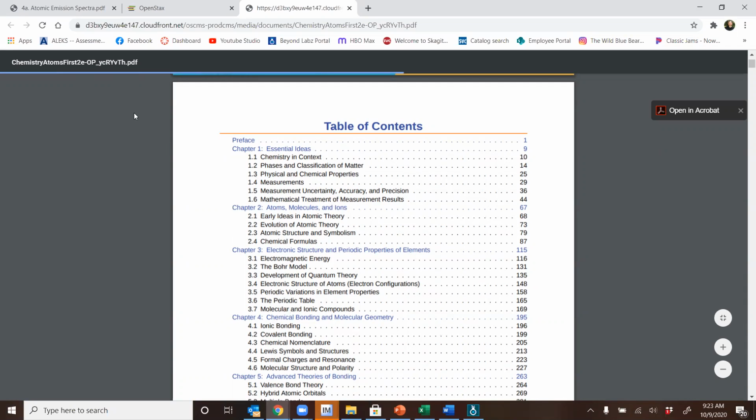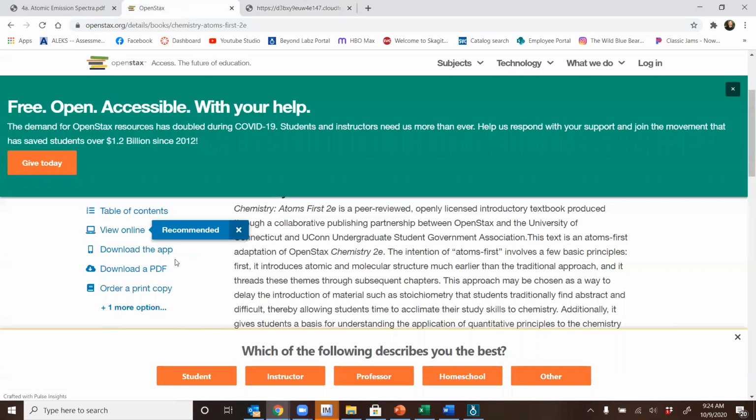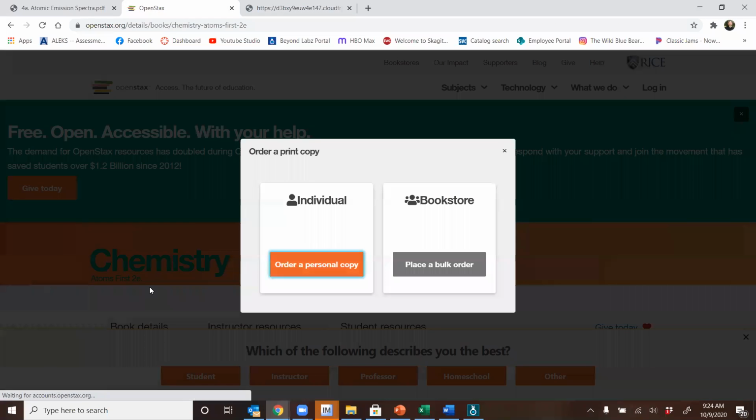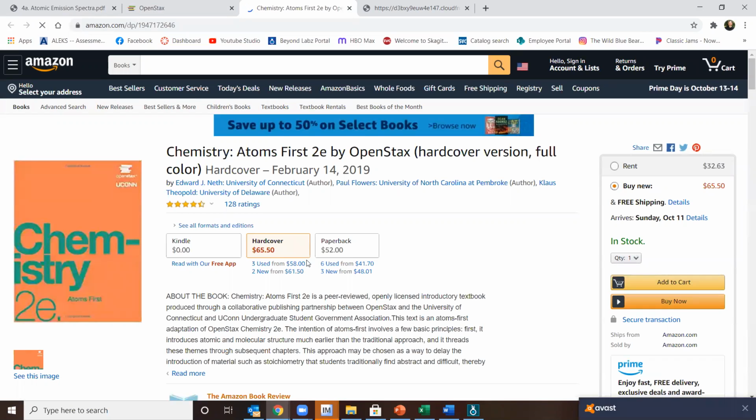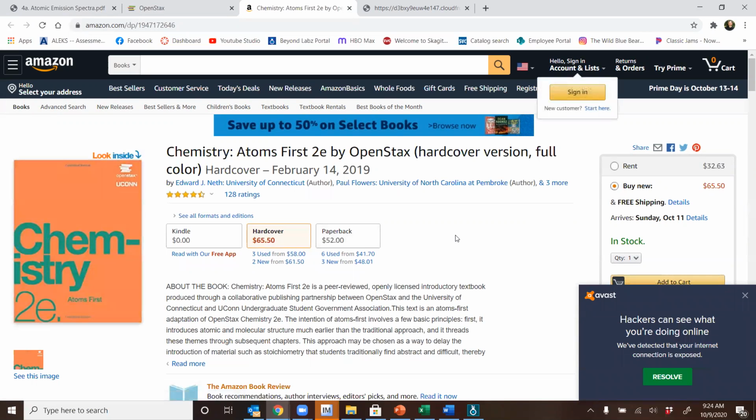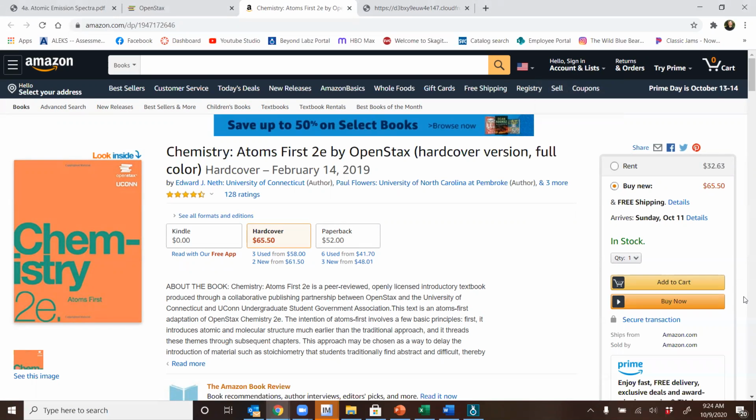And if you want a paper copy of this textbook, there's a place on the OpenStax website to order a print copy, and it's basically going to cost as much as it costs for them to print it. A paperback version is $52. That's about as cheap as you can get for a textbook. It's not the exact same textbook, but it has all the same stuff in it.